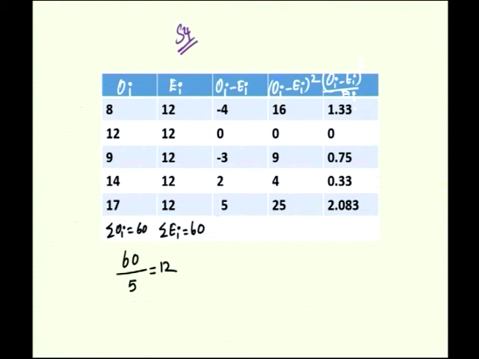So, this particular value is 16 by 12, this is 1.33. Similarly, 0 by 12 is 0, like that this particular column is formed, and this column total is summation of OI minus EI whole square by EI, and this summation value comes to be equal to 4.493.